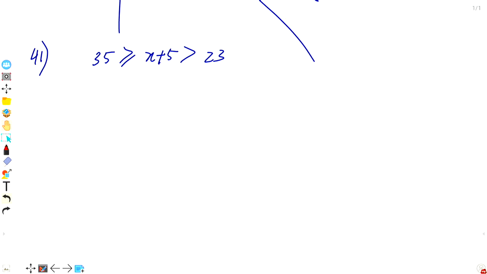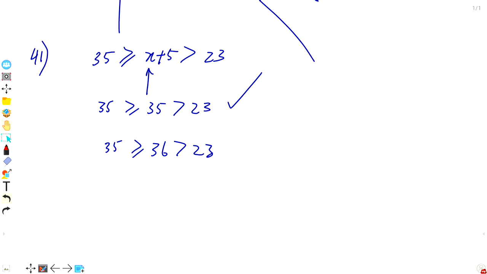So first number is 30. If you put 30 here, what do you get? You get 35. So it does not fit. This fits, right? If you put 31, it's going to be 36 here. 35 is not right. So B is the answer.